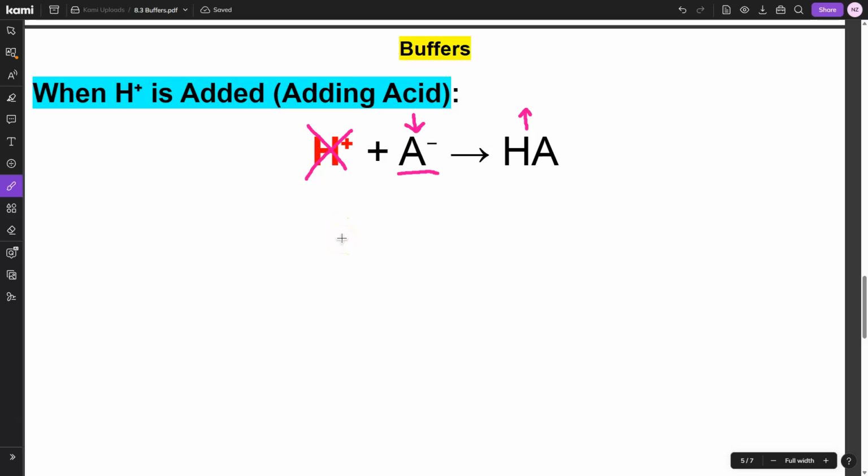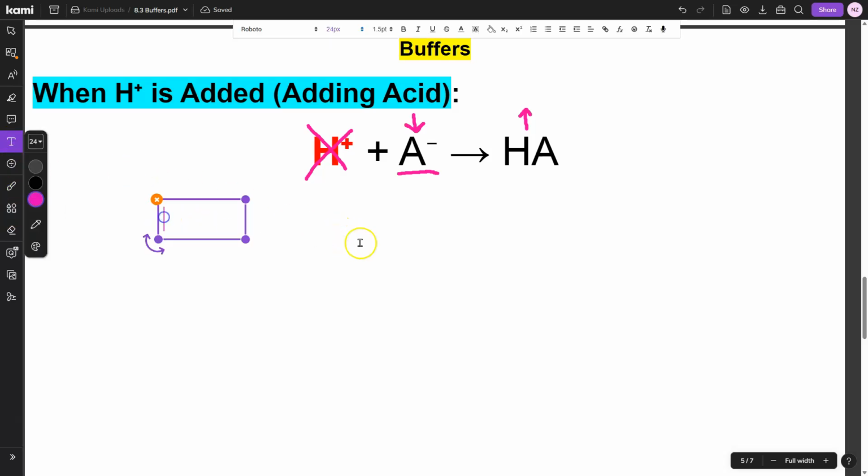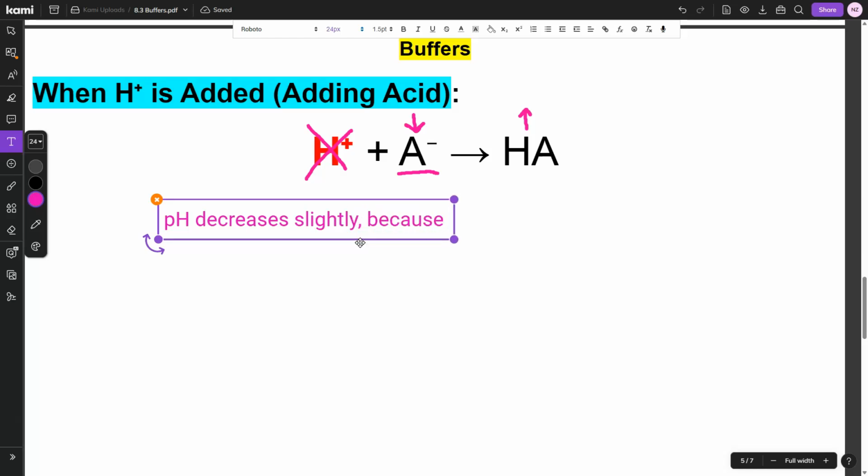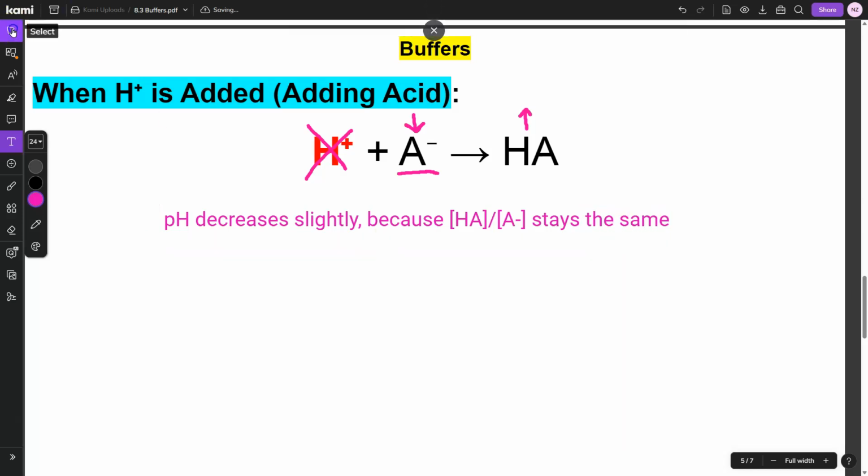So here, the pH is going to decrease slightly, but not by much, and it's because the ratio of HA to A- stays relatively the same, more or less.